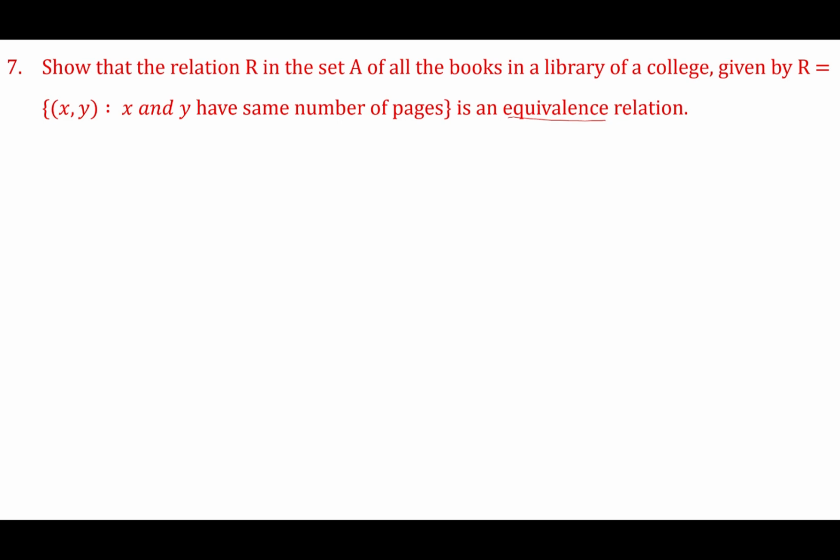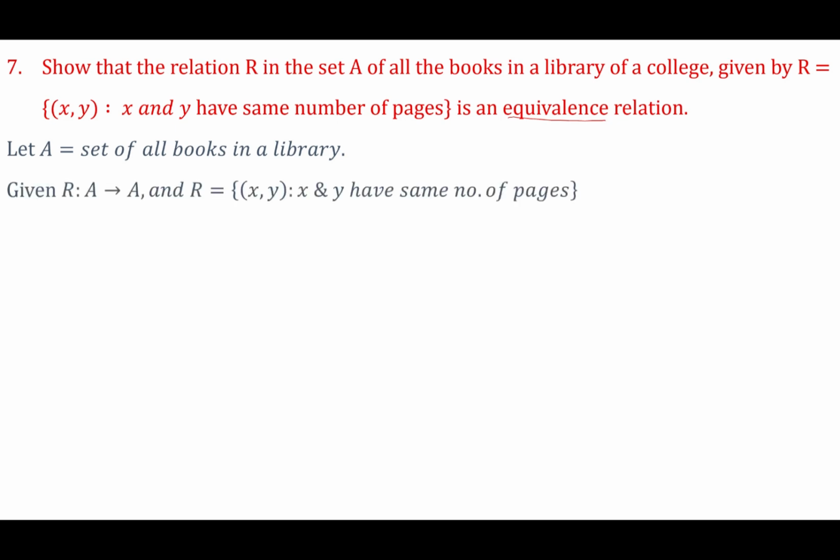Now, given a set of all books in a library, and relation R is defined on A such that x comma y have the same number of pages. The meaning of this is if x has 10 pages in this book, then y is also 10.